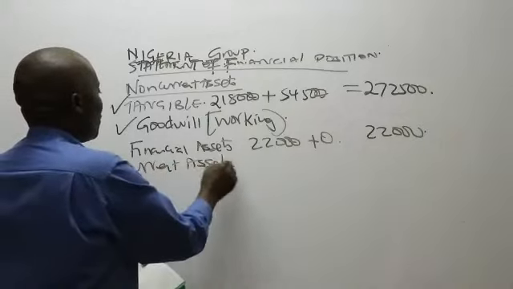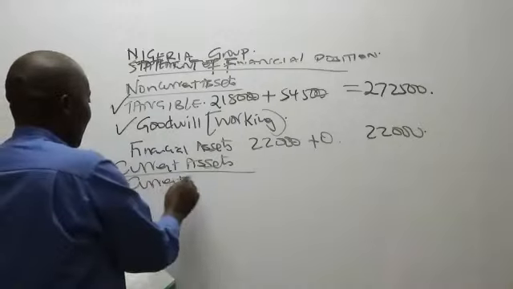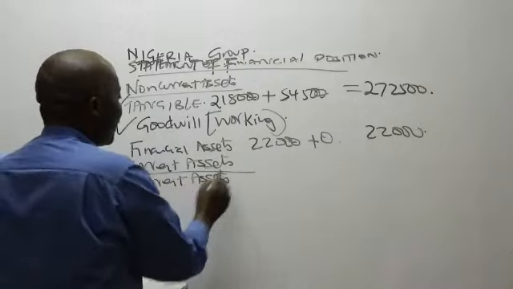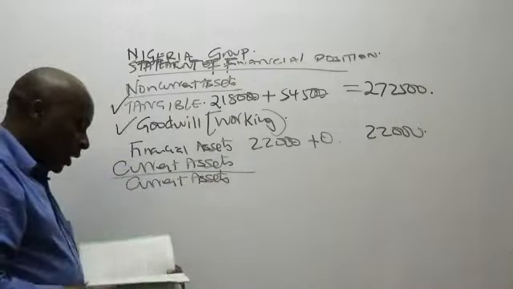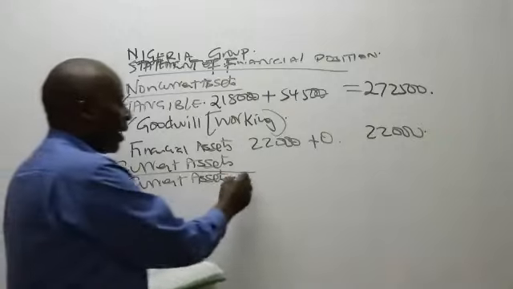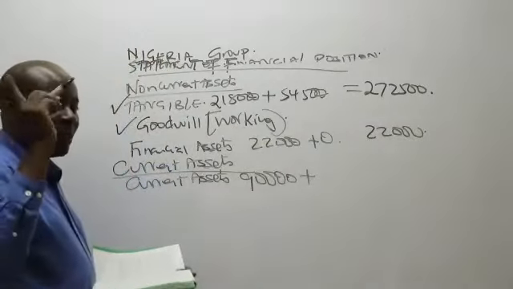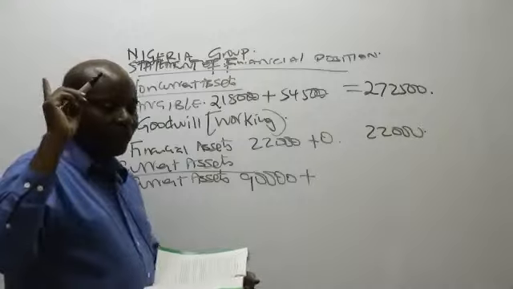From there now we have the current assets. So current assets, they've only given me one name there, consolidated name. I'll take the one of the parent, which is $90,000, plus the translated one of the subsidiary that we are done.